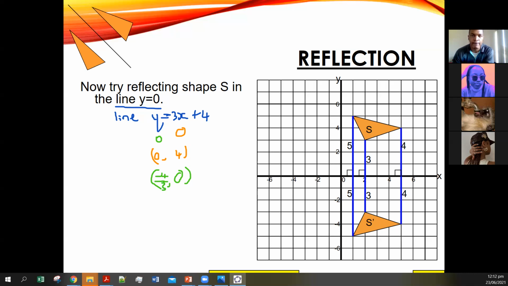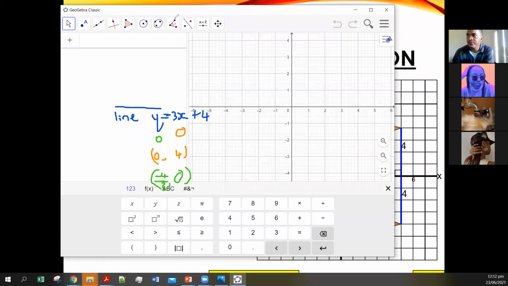So we draw on that y equals 3x plus 4 line. I will show you quickly here what we mean.